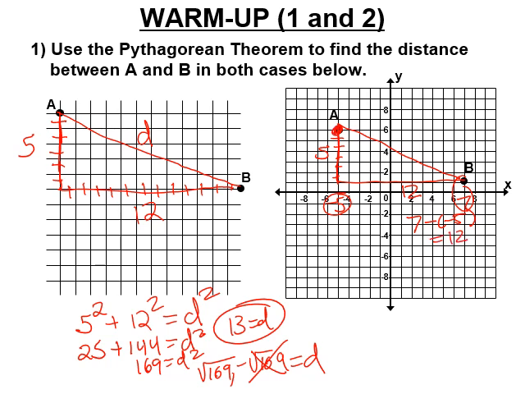Now from positive 6, the y coordinate is 6, the y coordinate here is 1. Here it's 6 minus 1, which is 5. But either way, it's the exact same diagonal distance, 13. Now, I went probably too fast for some of you there. I'm going to go over all that again.